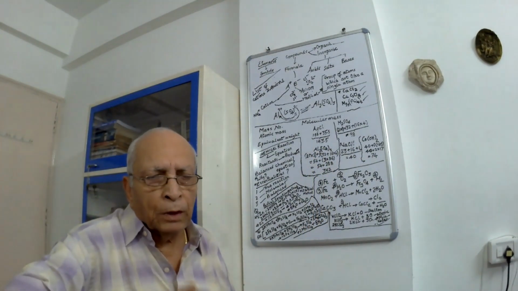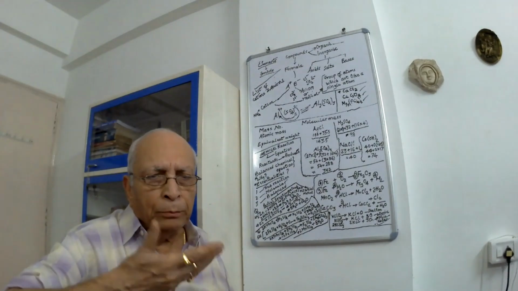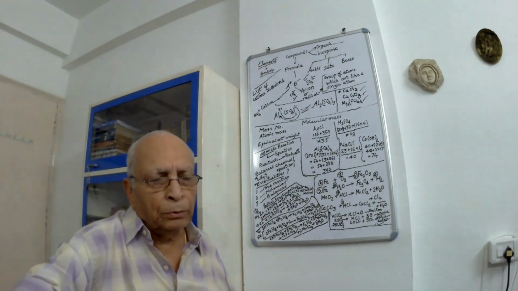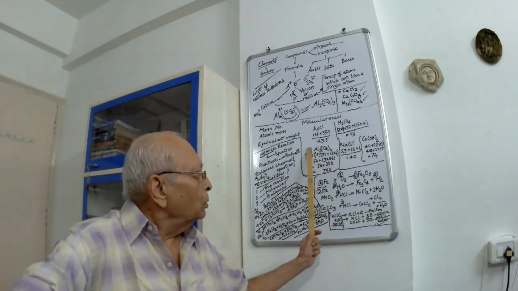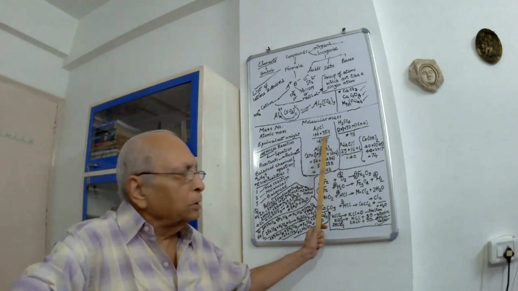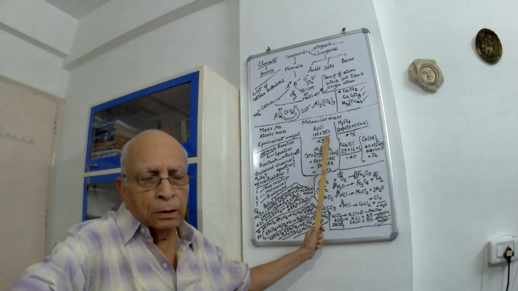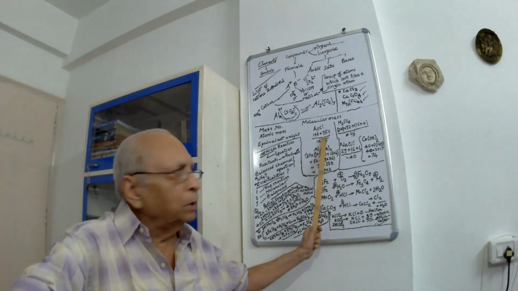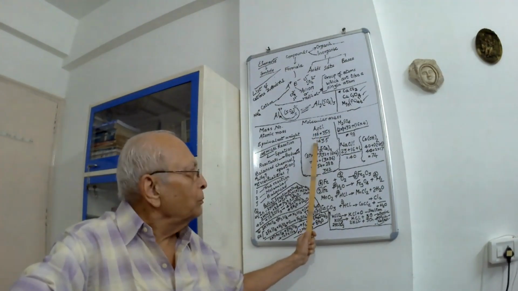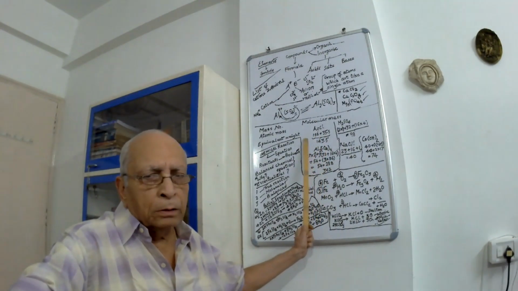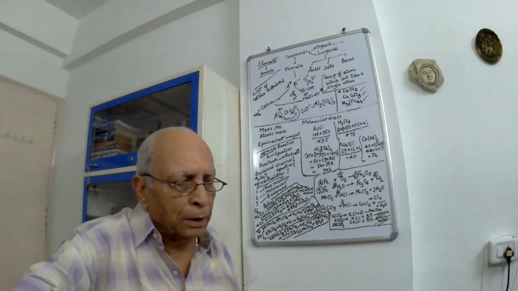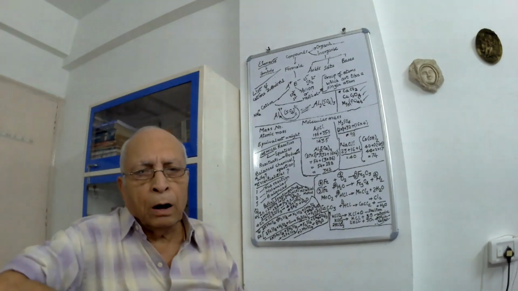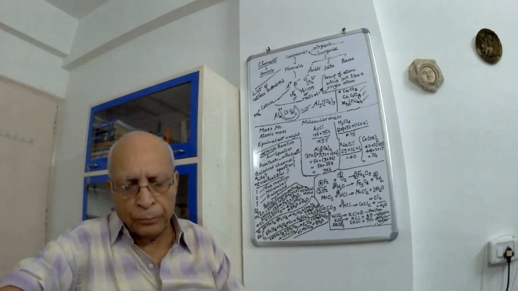Adding up the atomic masses of the various atoms present in a molecule gives the molecular mass of a particular compound. So 108 plus 35.5, ये इसका एटॉमिक मास है क्लोरीन का, और 108 सिल्वर का. जोड़ने के बाद 143.5 आता है. Well, that is the molecular mass of silver chloride.